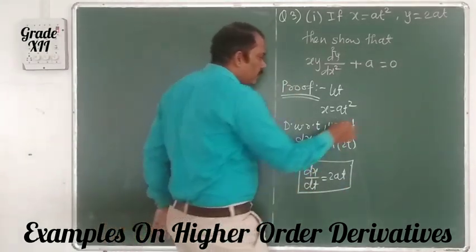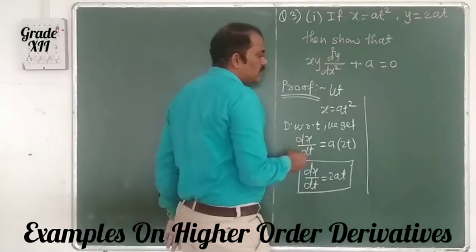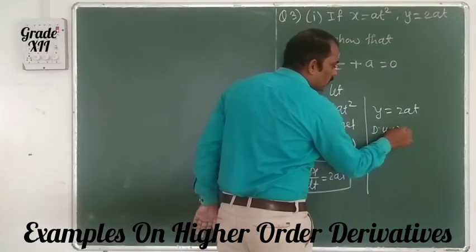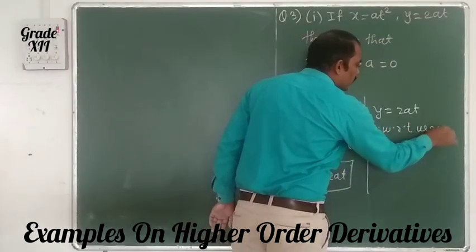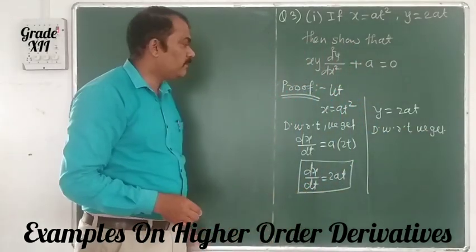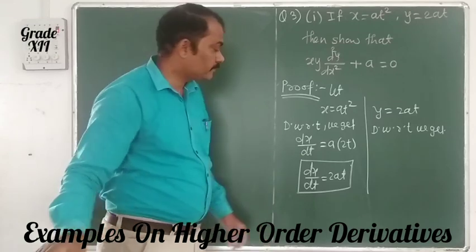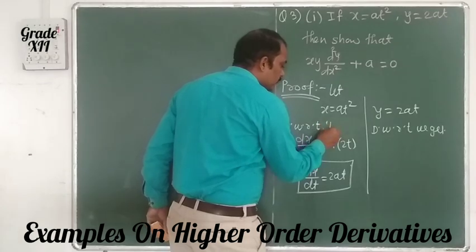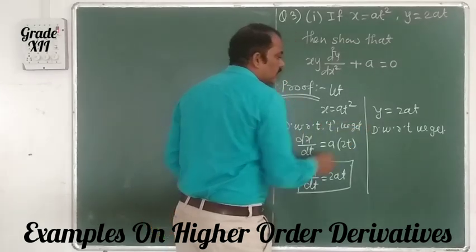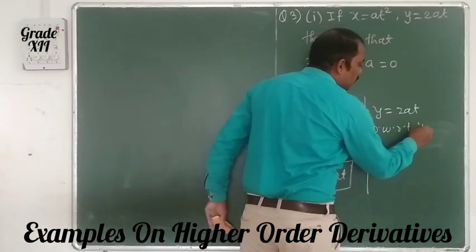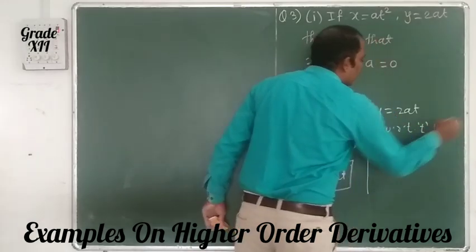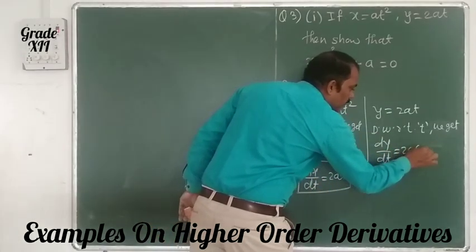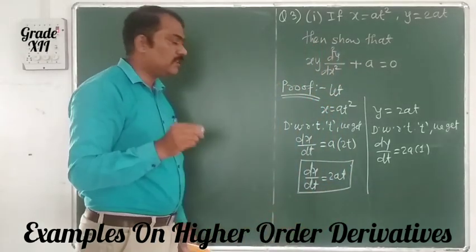At the same time, we have to find dy by dt. So we consider that y is equal to 2at. We differentiate with respect to t. The differentiation of y, dy by dt, is equal to 2a into 1, since the differentiation of t with respect to t is nothing but 1.